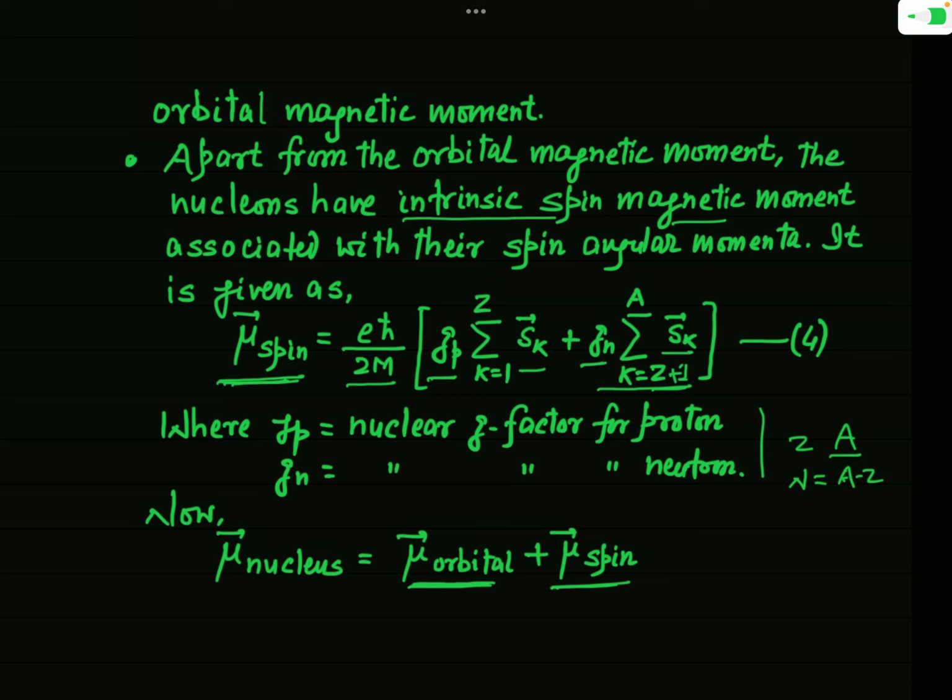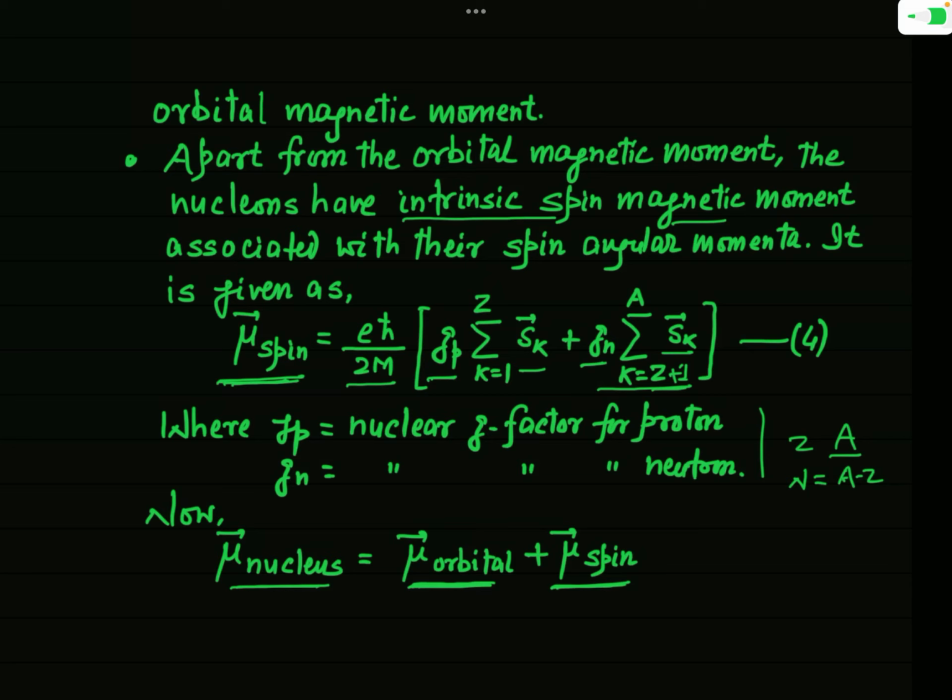So when we add vectorially mu orbital and mu spin, we will get the magnetic moment of our nucleus. So the magnetic moment of the nucleus, which I have denoted by the symbol mu nucleus, will be mu orbital plus mu spin.